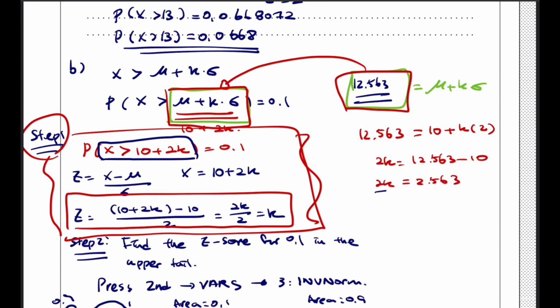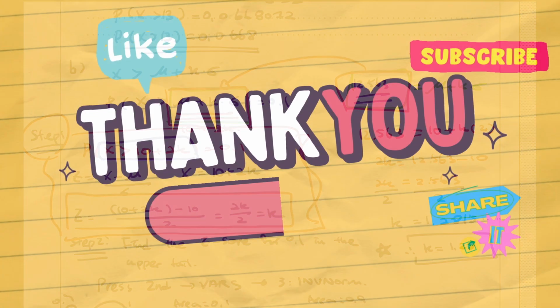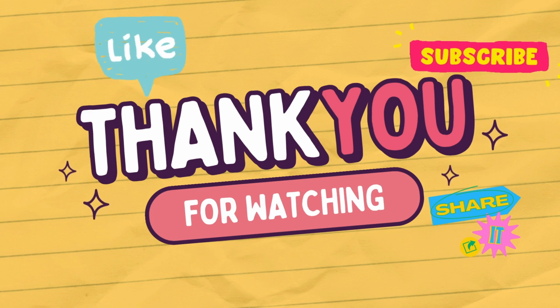Then dividing both sides by 2 gives us the k value, which is 1.2815, and so on. Since we have to leave our answer with 3 significant figures, the final answer is k equals 1.28. And we have found our answer.